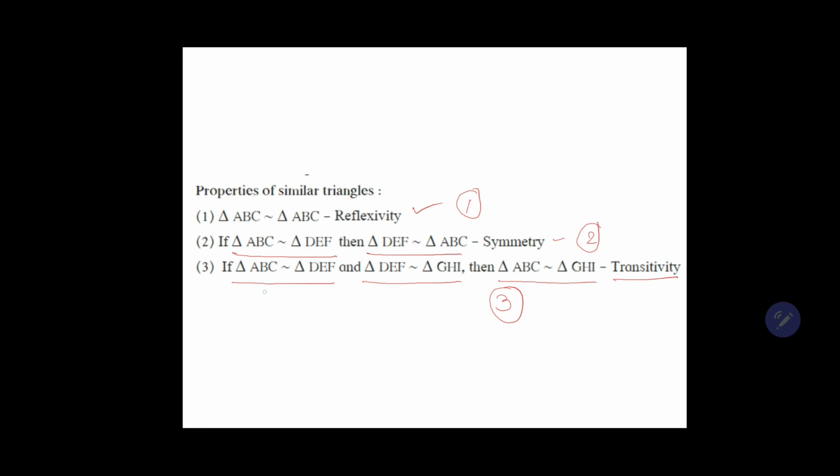That means if the first triangle is similar to the second and the second is similar to the third, then the first is similar to the third. So this property is called transitivity. These are the three properties of similar triangles: reflexivity, symmetry and transitivity.